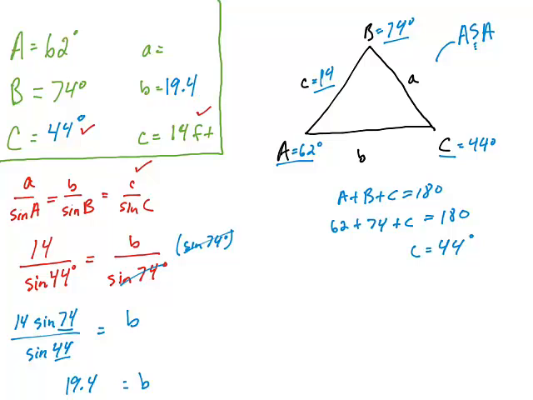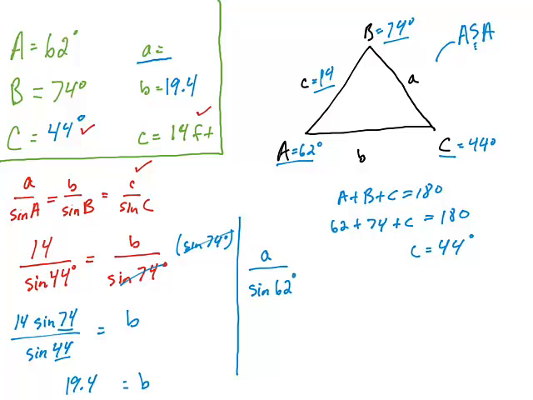And then I'm going to follow the same procedure to find side A. Again, I can use any two of the fractions from the law of sines, set those equal to each other. And what we want to do is, because we're looking for side A, I'm going to put that in the numerator.